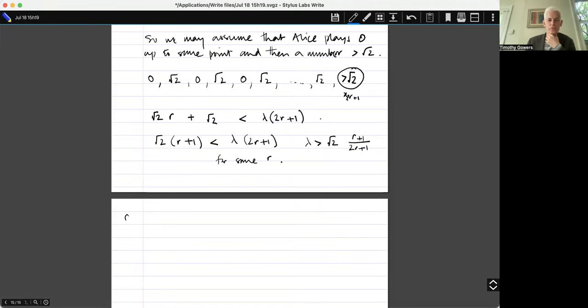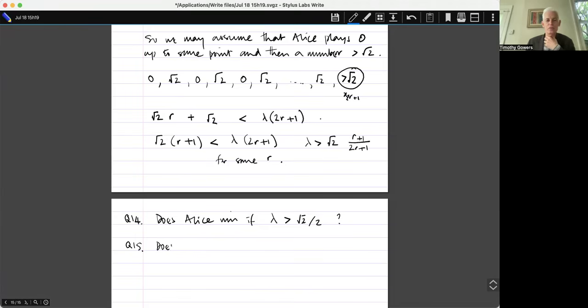So I'm going to ask question 14. Does Alice win if lambda is bigger than root 2 over 2? And in fact, I have a sort of proposed strategy for Alice, which is what I've analyzed here.